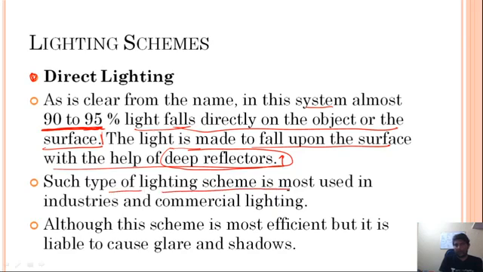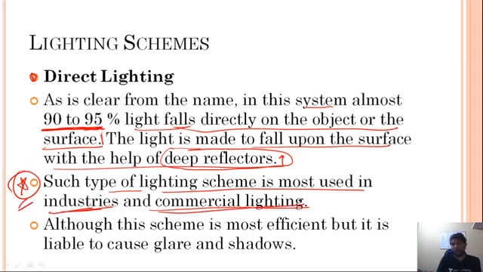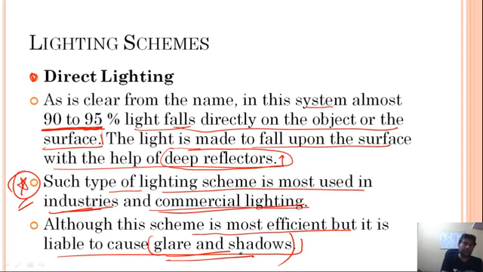Such type of lighting scheme is most used in industry and commercial lighting. Important line: this scheme is most efficient, but it is liable to cause glare and shadow. Okay, so this is one disadvantage of this scheme.